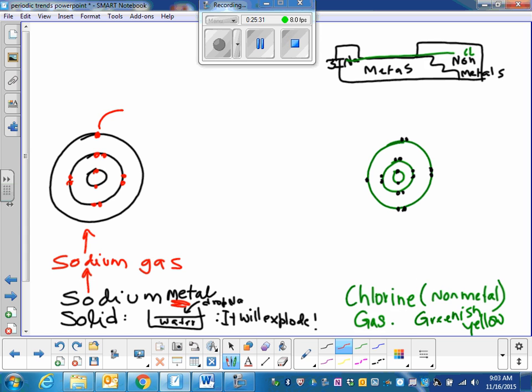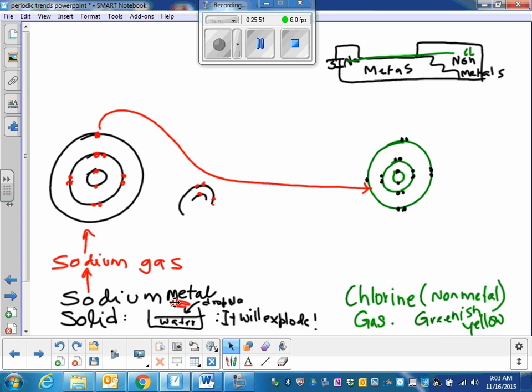Sodium has this one electron, and chlorine has 7. It desperately wants 1. Yes or no? So sodium now loses its electron and becomes the sodium ion, which has how many electrons in its outermost shell? 8.